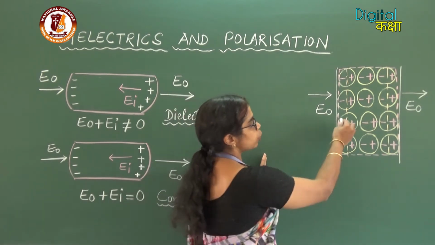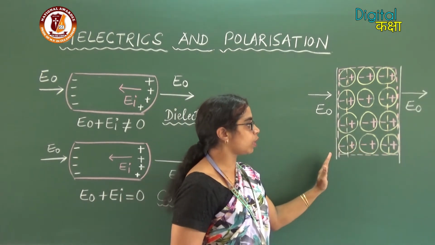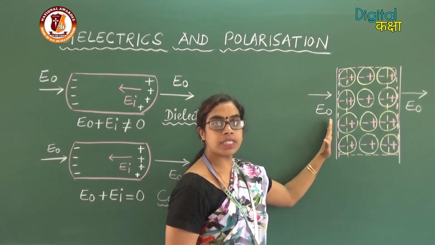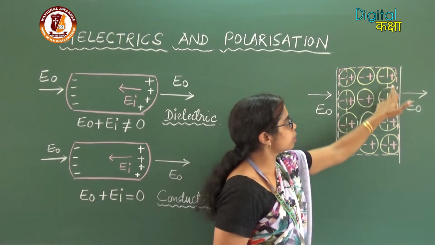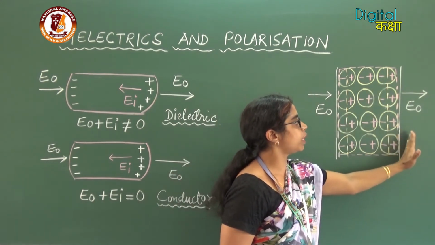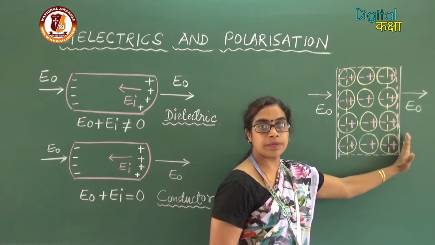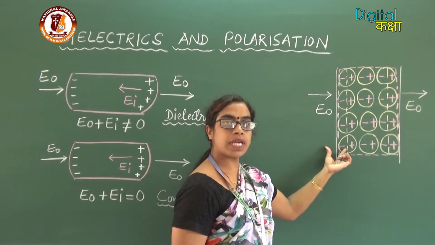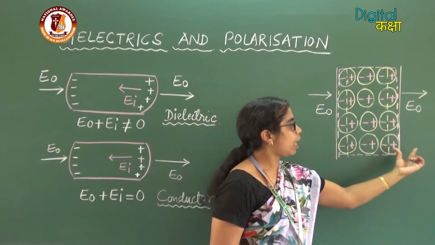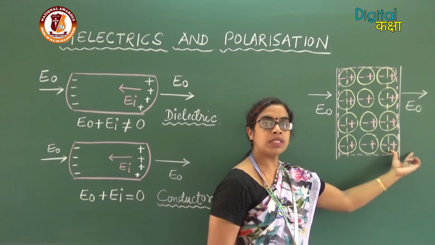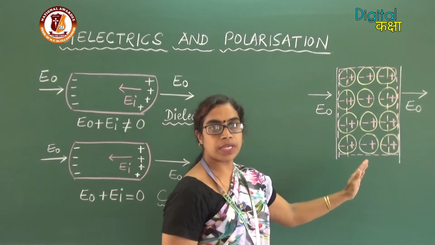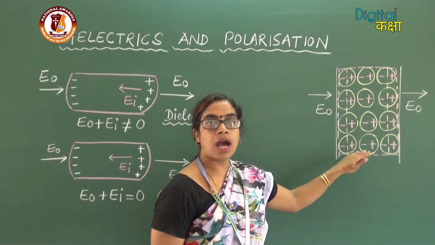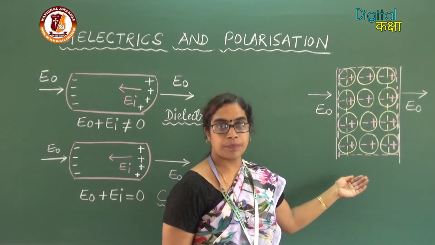Now, with this separation of charges, these negative charges are strongly bound to this surface, and these positive charges are strongly bound on this side. Except for the negative charges on the left side of the dielectric and the positive charges on the right side, all the rest of the positive and negative charges get neutralized.